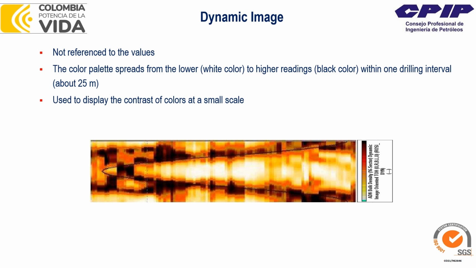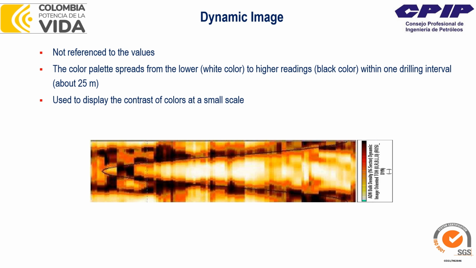Like in this case, we have a 25-meter interval, and the software automatically identifies the minimum and the maximum here and adjusts the scale. So you can more accurately identify subtle small changes in resistivity or density, and you can see more features.